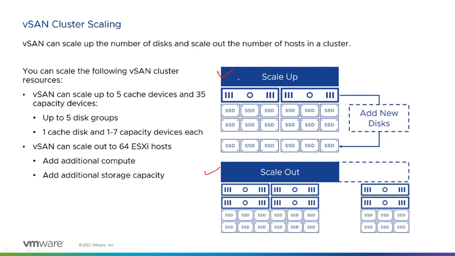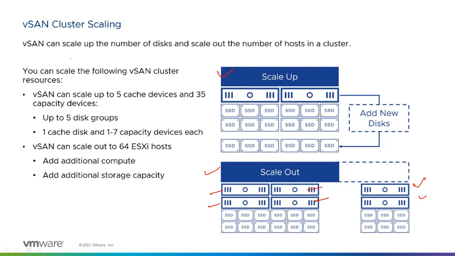When we talk about scale up, it means you are increasing storage capacity in existing disk groups. Scale out means instead of increasing the local disks on the host, you are adding new hosts to your vSAN.